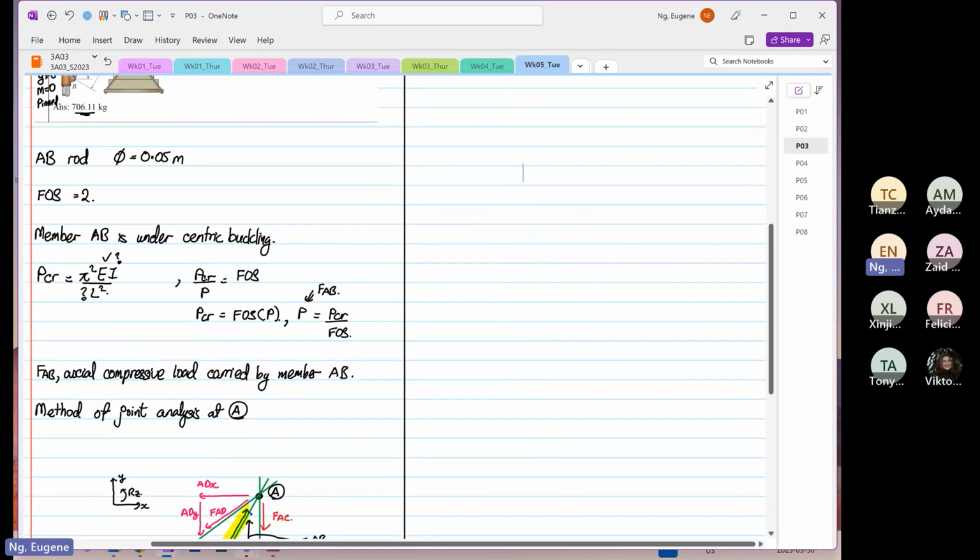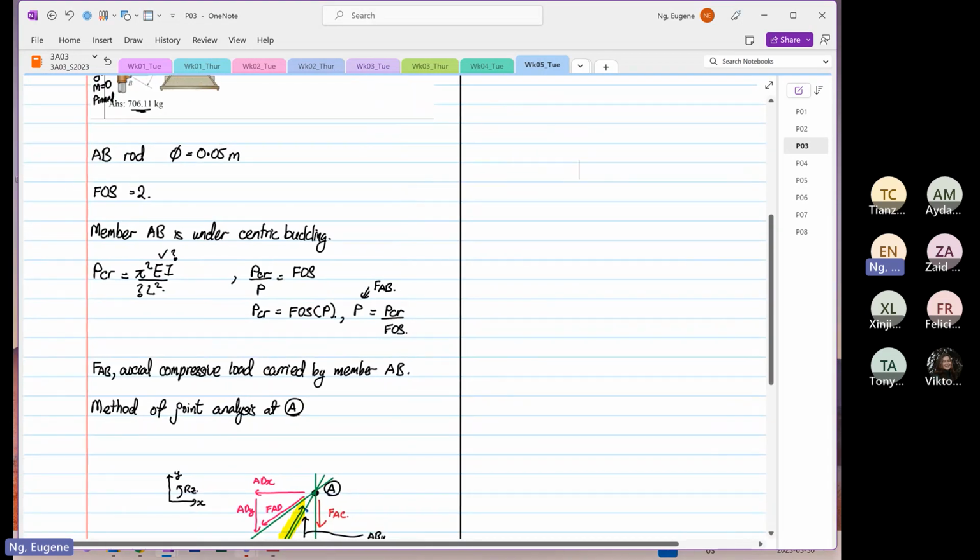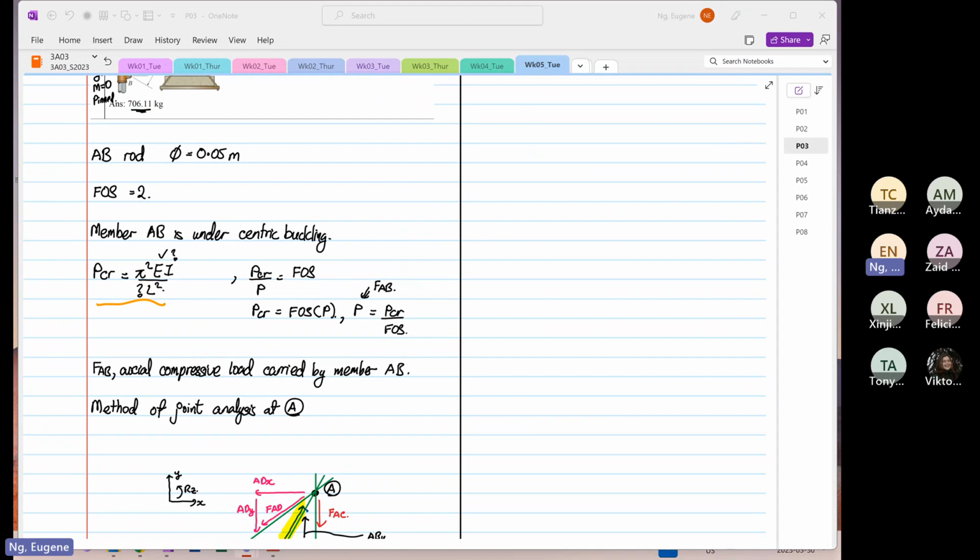Unfortunately, I'm not able to award you marks just for that. Some students tell me, Eugene, I've written this formula, I deserve a mark. What do you think? Anyone have any opinion on that? I can't give you the mark if the formula sheet is provided, for crying out loud.